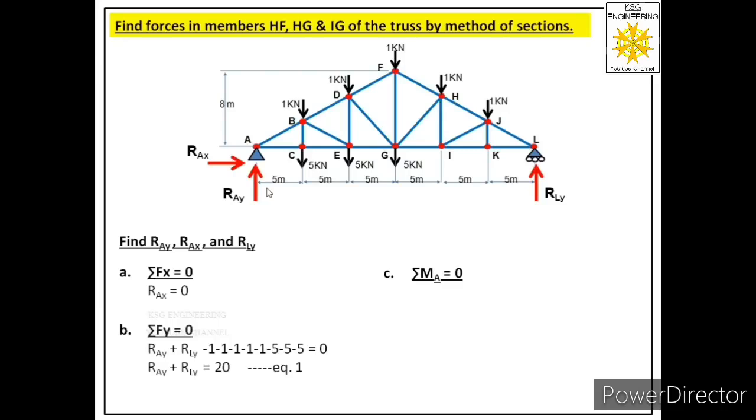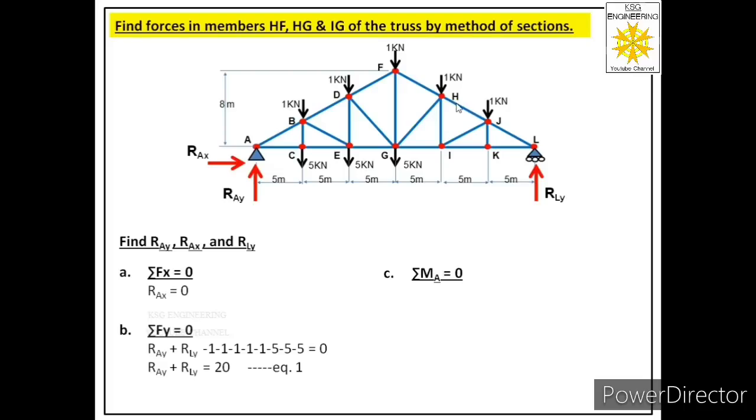Now let us talk about the next force, that is the 1 kilonewton force acting at joint J. Moment because of this force will be clockwise moment, so that will be negative, and its magnitude will be 1 into 25.